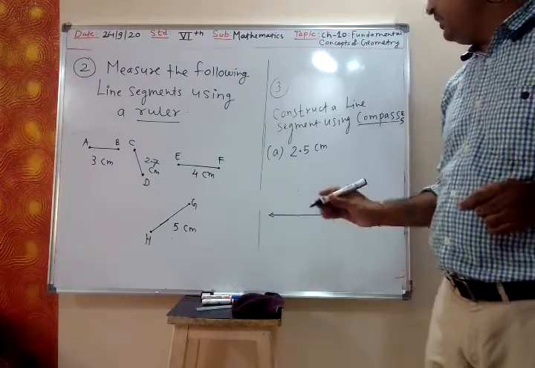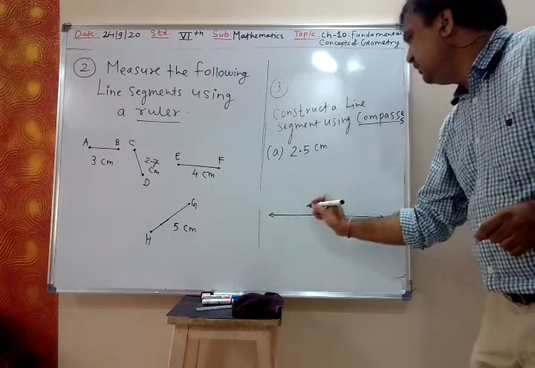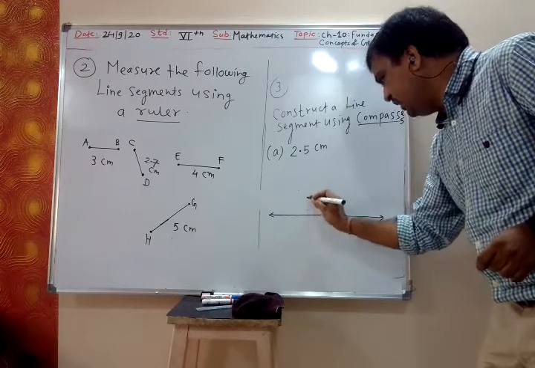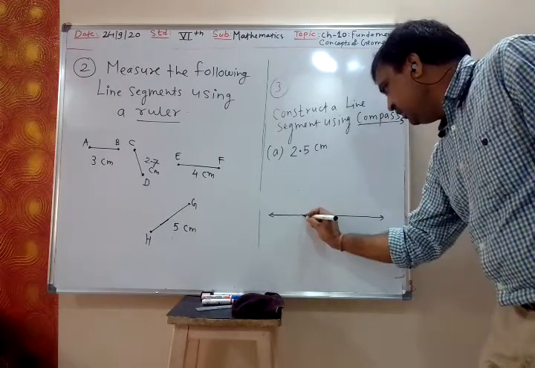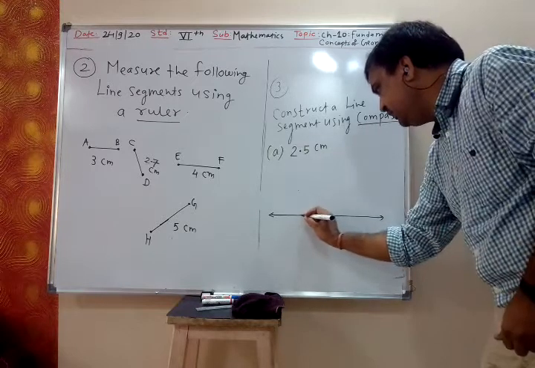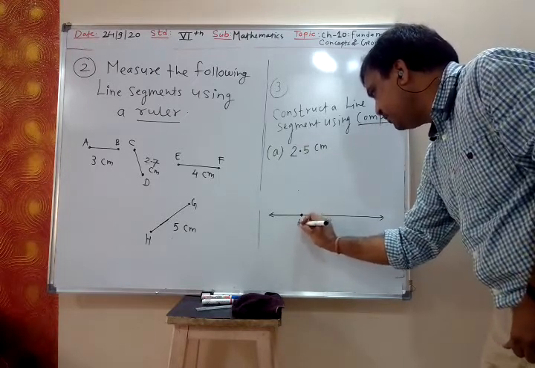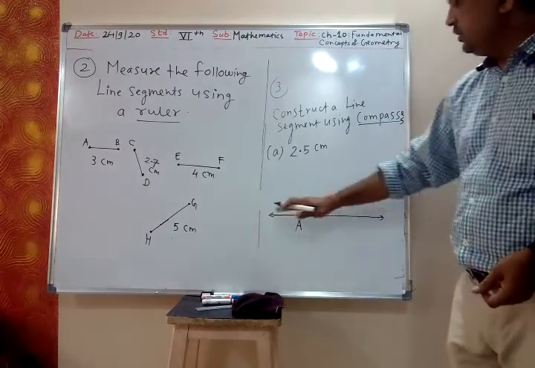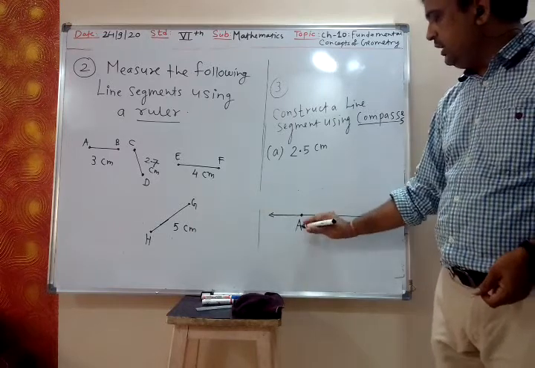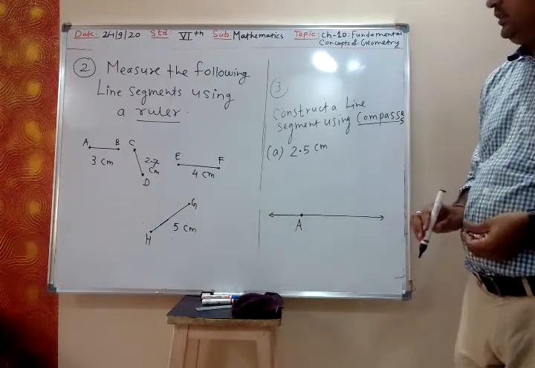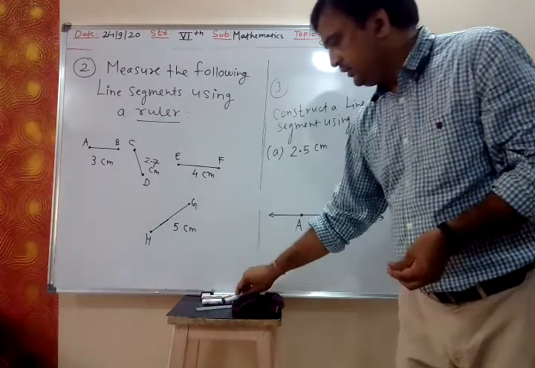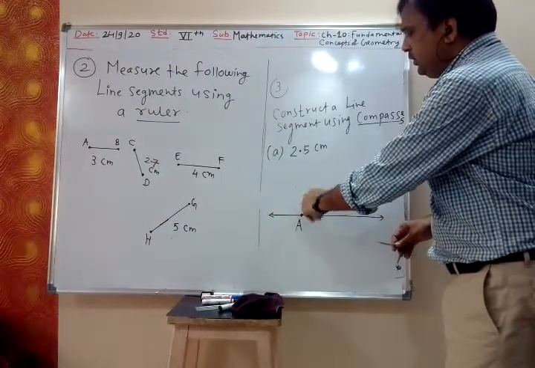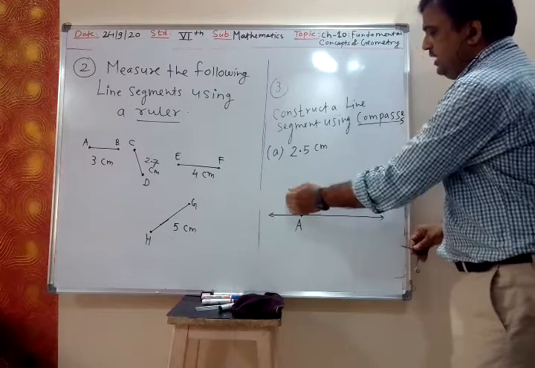Then after that you have to take one point on this, A. You can take anywhere. I will advise you to take that point to the left side, to the left of the middle.